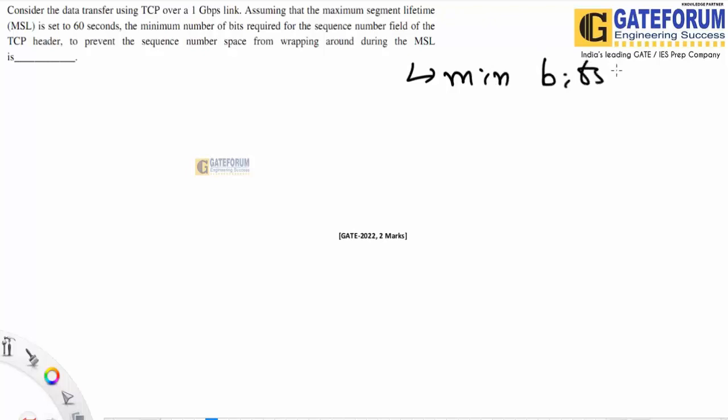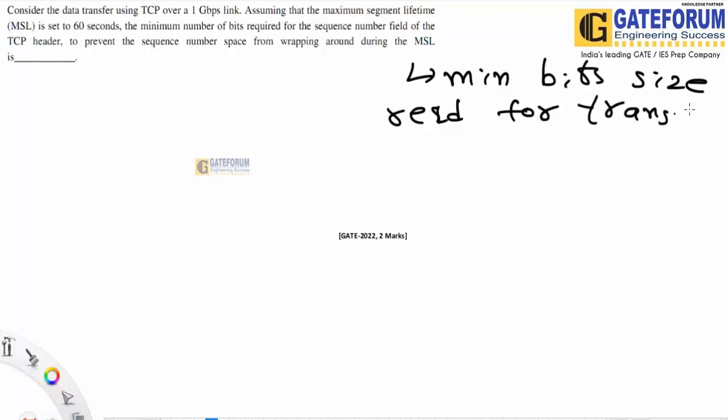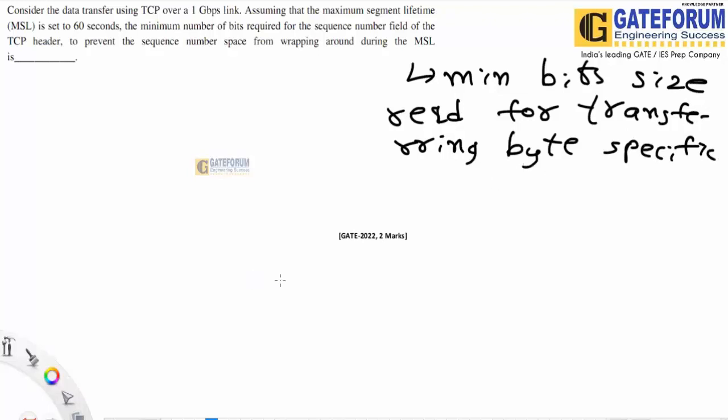bits size required for transferring byte space. Why byte specific? Because we all know that in TCP, each sequence number carries 1 byte. So here they are given per second.